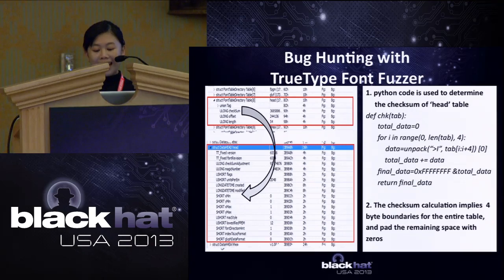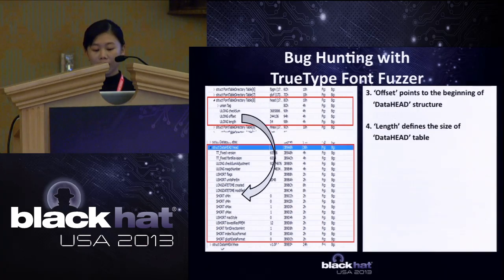Another thing we need to highlight is that the checksum calculation implies 4-byte boundaries for the entire table. It means that if there is any remaining space, it will be padded with zeros. Besides the checksum values, other important values are the offset and length values.